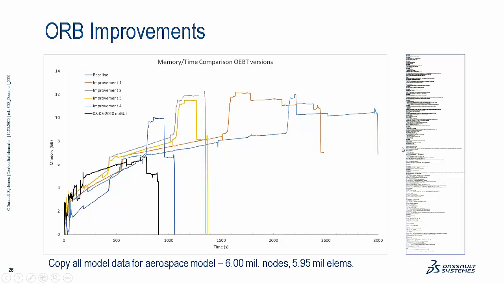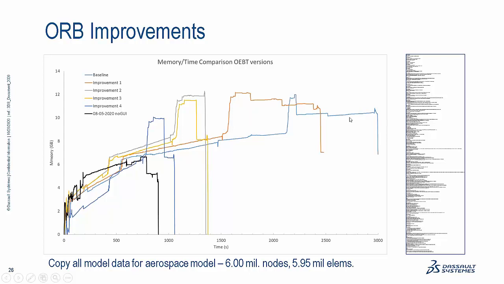We've been working on improvements to the ORB as the months and years have gone by. This was probably a year ago, where we had this baseline. This is a large aerospace model, about 6 million nodes and elements, and it used to take about 3,000 seconds.